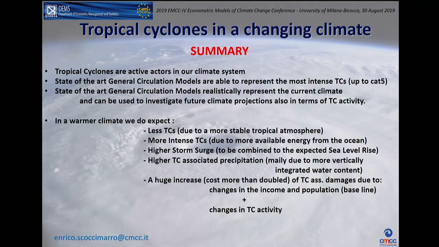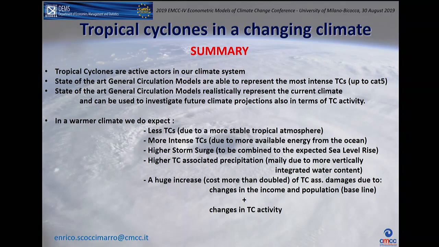tropical cyclone activity. In a warmer climate, we expect fewer tropical cyclones due to more stable atmospheric conditions. We expect more intense ones, more super typhoons, because of increased energy at the surface of the ocean. And also we expect more precipitation associated to the tropical cyclones.